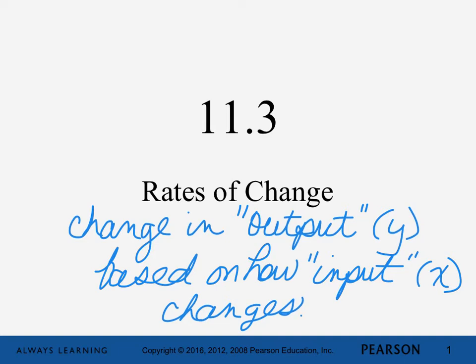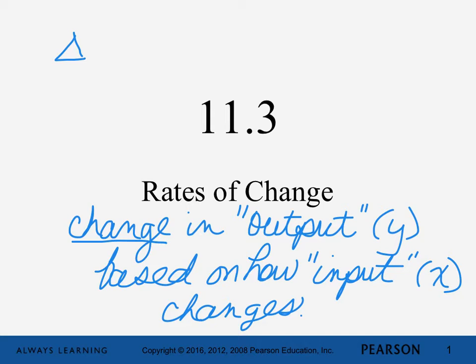And in the formulas, a lot of times we use Greek characters. And in Greek characters, change is represented by a triangle or a D, both of which are Greek characters for delta, and delta represents change.